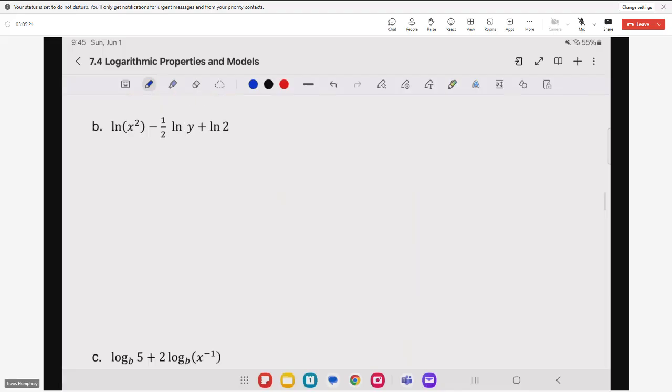Alright, so the next one I've got a quotient and a sum, and also a power rule. So I'm going to power up on y. So ln of x squared minus ln of y to the 1/2 plus ln of 2. So this would be ln of x squared over y to the 1/2 plus ln of 2.